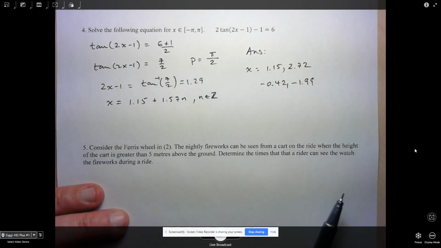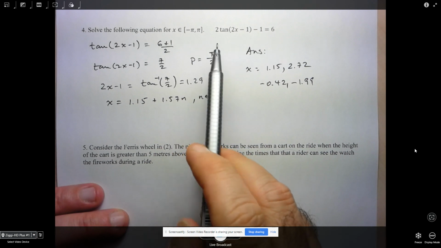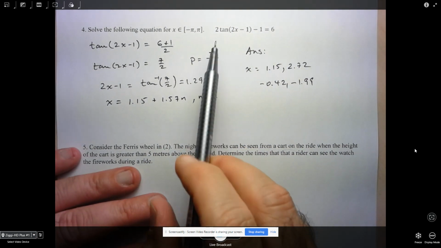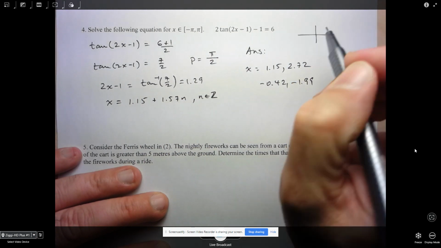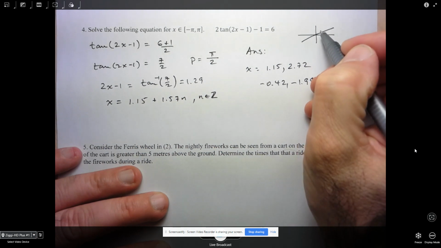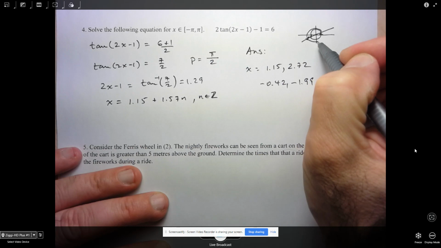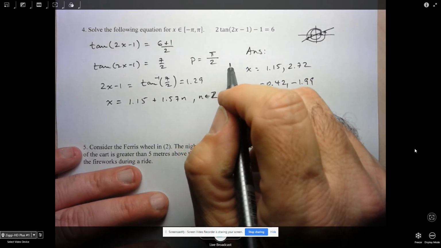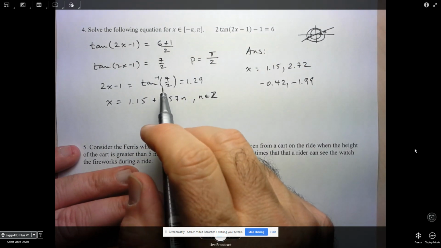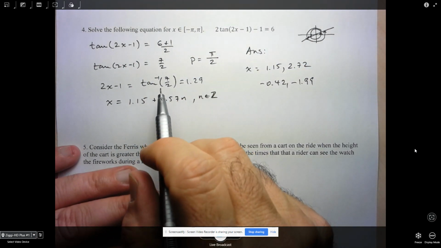Just to recap, with tangent, because it has a smaller period, and we know, if we draw this diagram, that tangent is equal for values that are separated by pi, you don't need to have 2 separate expressions to determine all the answers for a tangent trig equation.